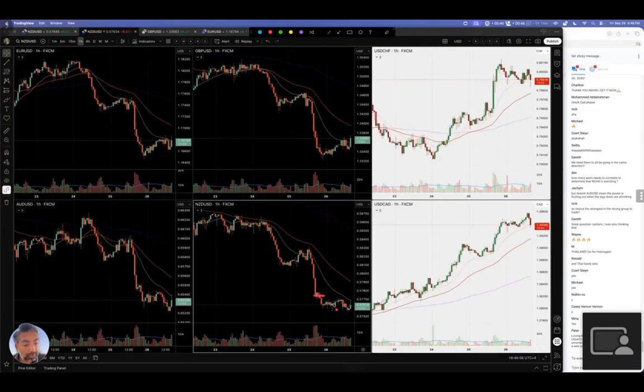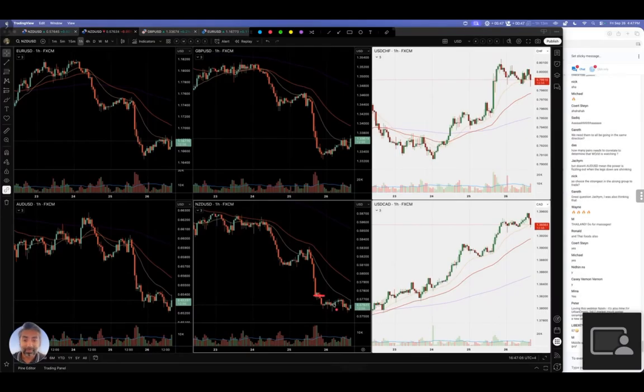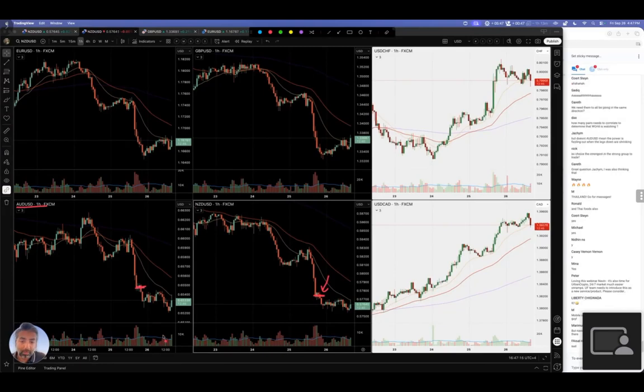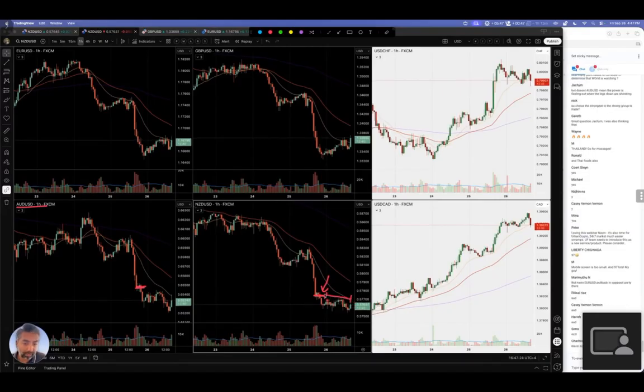Now, which one was the strongest one that you guys said when you guys were doing it with me? Okay, which one was the strongest one? The strongest one you guys are saying right now is Aussie USD, right? So if that same location, if I had entered on this one, will I be in much more profit? Look at the distance here. I'm in profit from that to that much.